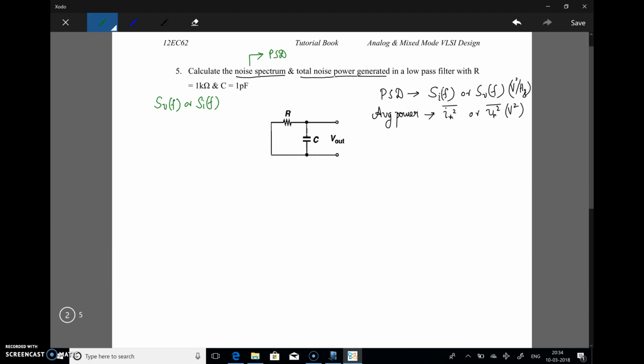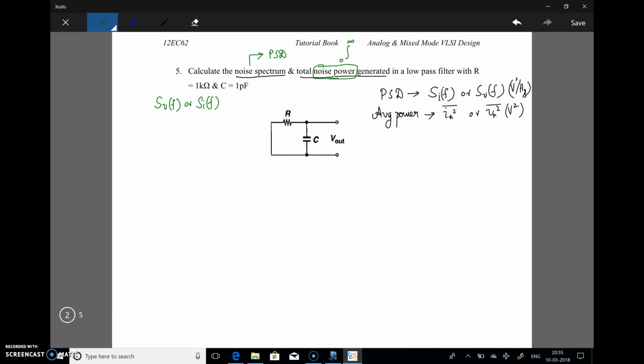The second is the total noise power generated. We know how to find noise power, again obtained from the Vn square or In square formula. To find the total power, you can integrate the noise over the range of frequency from 0 to infinity. These two things you should know first, then we can proceed to this particular question.